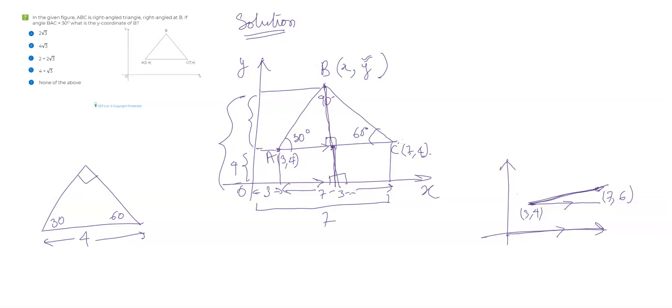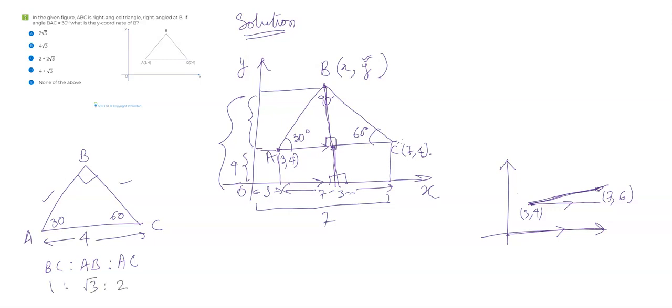If AC is 4 and it is opposite 90 degrees and it's a 30, 60, 90 triangle, we can find the lengths of AB and BC. We know BC is the side opposite 30. So BC is to AB, which is opposite 60, is to AC, in the ratio 1 is to root 3 is to 2.